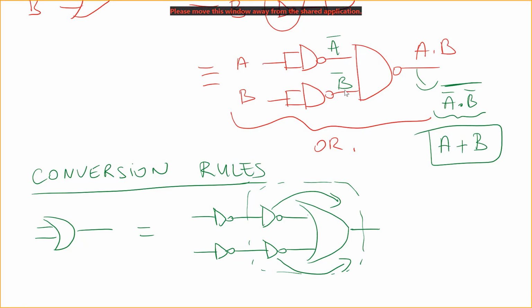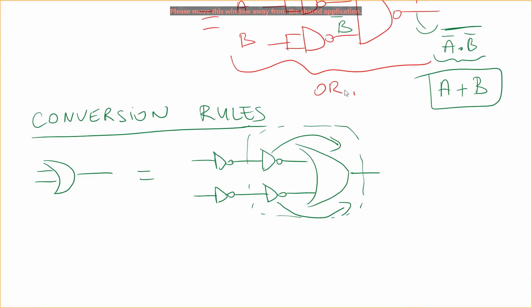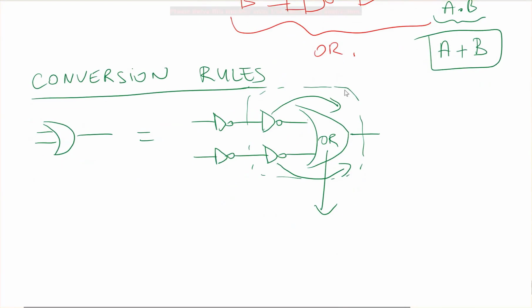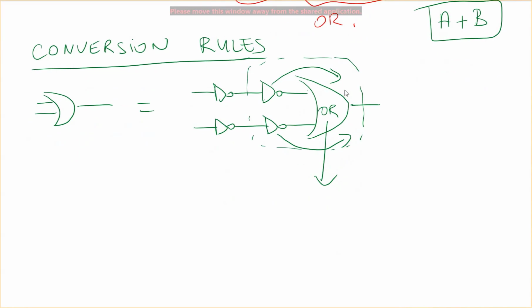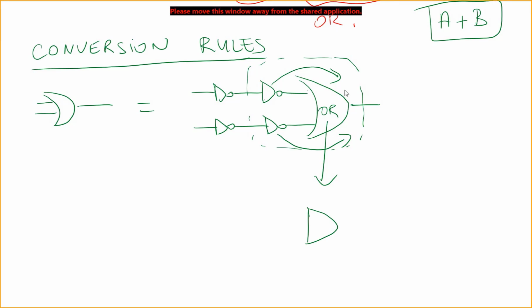So from De Morgan's rule, what happens? This is an OR gate, and this OR operation will become an AND operation in De Morgan's rules. If you apply the NOT operation, this will become an AND operator, and we will have a NOT here. So this is basically what we got.